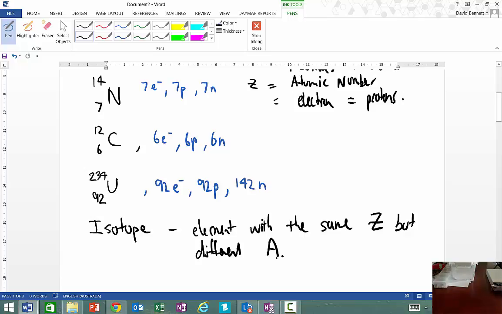In other words, it has more or fewer neutrons. That's basically what you're looking at.